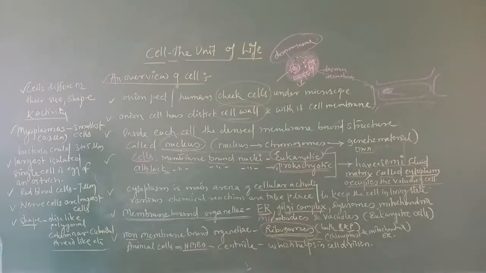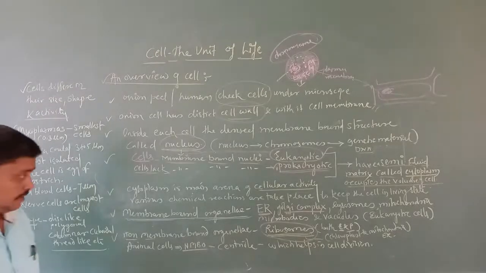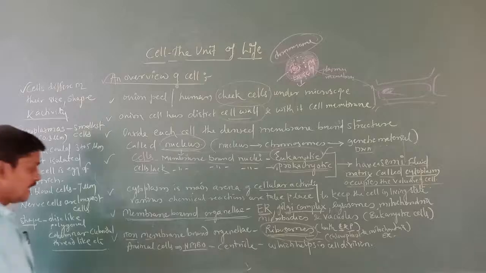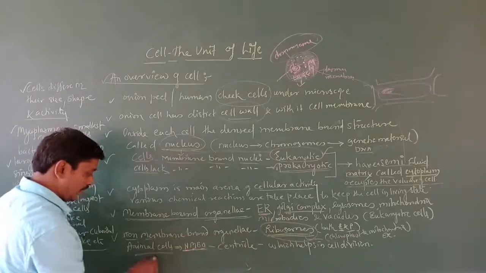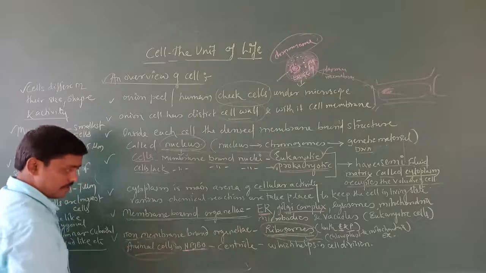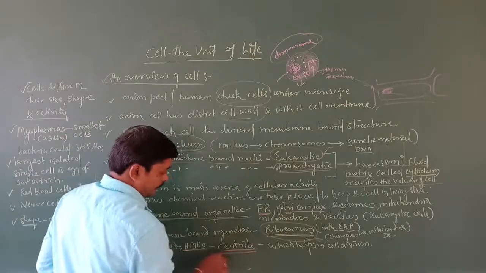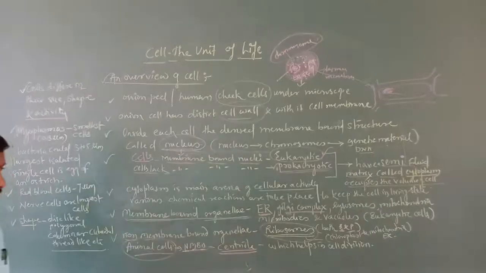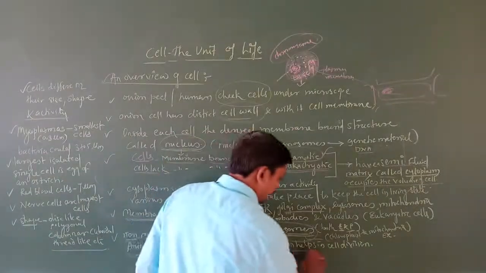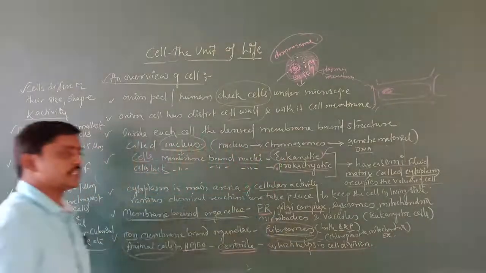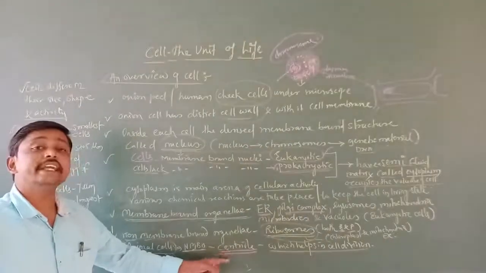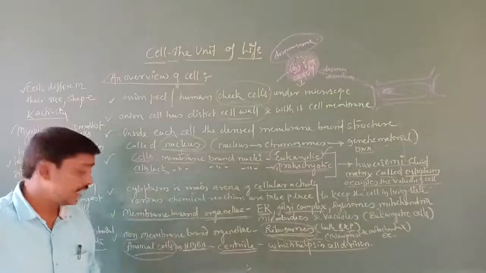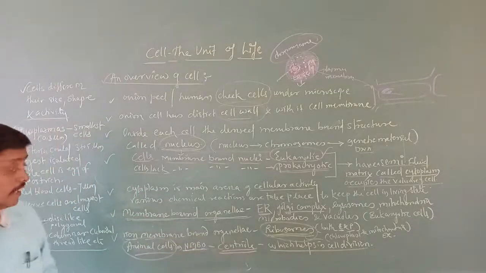Another non-membrane bound organelle present in animal cells is the centriole, which helps in cell division. It is a non-membrane bound organelle present in an animal cell.